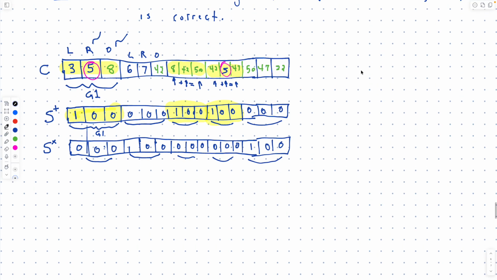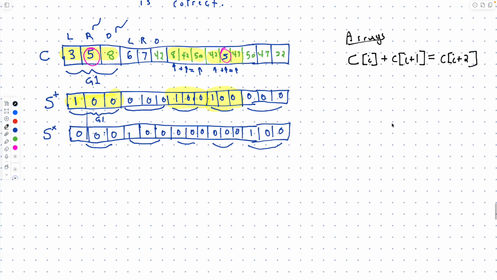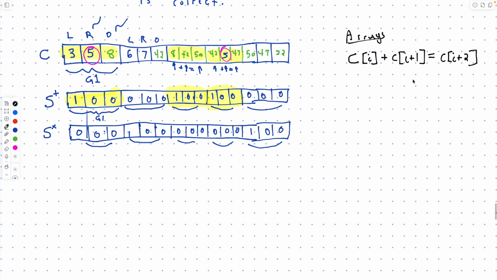I want to check whether C at I plus C at I plus 1 equals C at I plus 2, if we think of it in terms of arrays, only if S at I equals 1. So I only want to do it at I's where S equals 1.